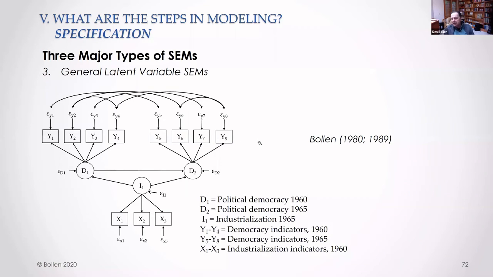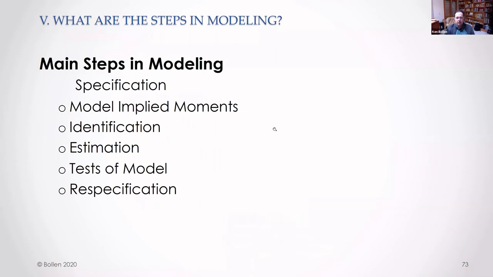So this is an example of a model that's allowing us to test those fairly abstract hypotheses, controlling for measurement error and for correlated measurement errors that are likely in a data set like this. So that's specification. That's what that looks like. And I just showed you several different examples from quite different areas of research.